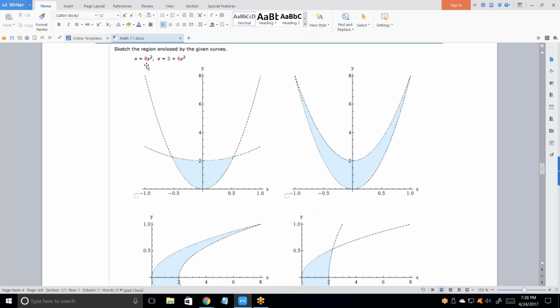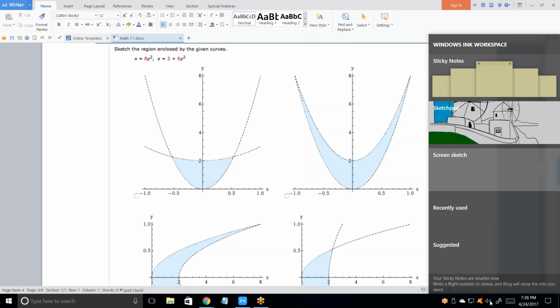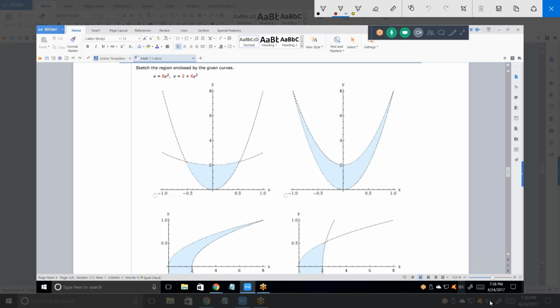I've got 2 functions here, and I want to know where they intersect. What do you typically do? Set them equal? Yeah, that's always the way you find how functions intersect, is by setting them equal to one another.